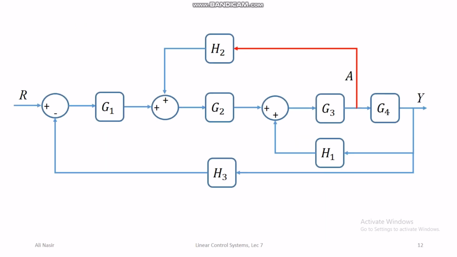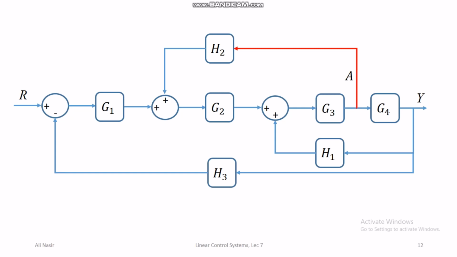I've copied this block diagram into the next slide, and I've highlighted a link entering the block H2. The problem with this link is that it is basically branching out from the middle of a loop.